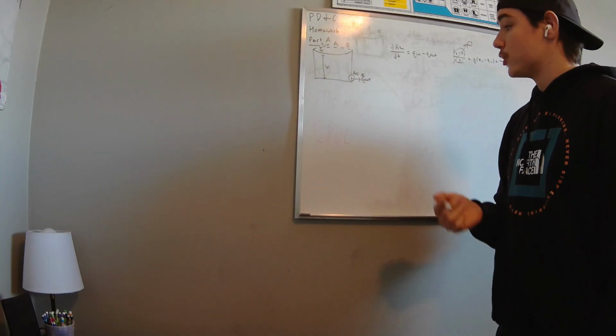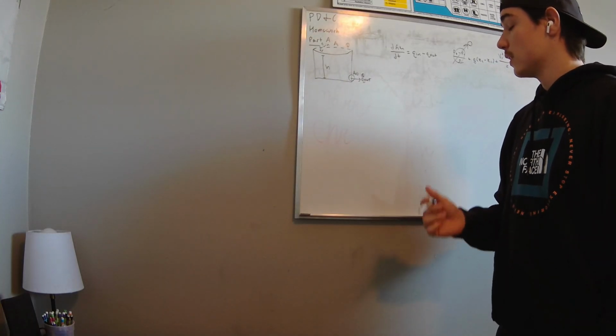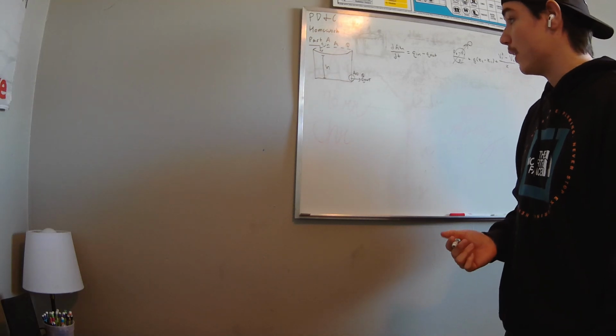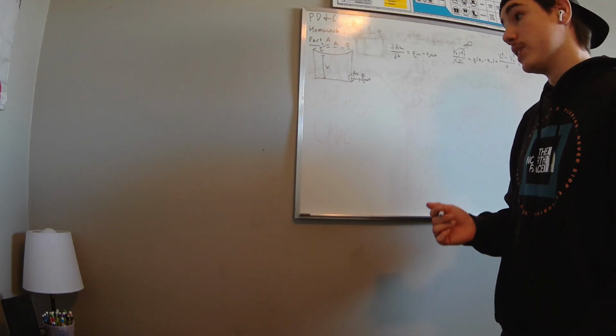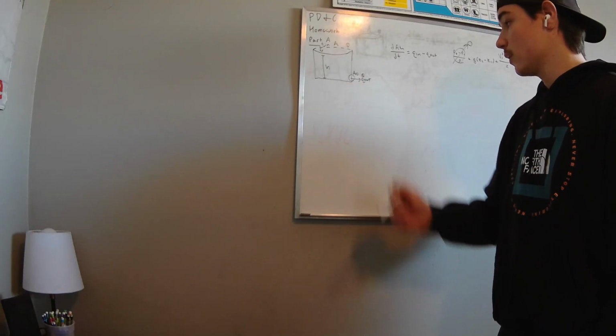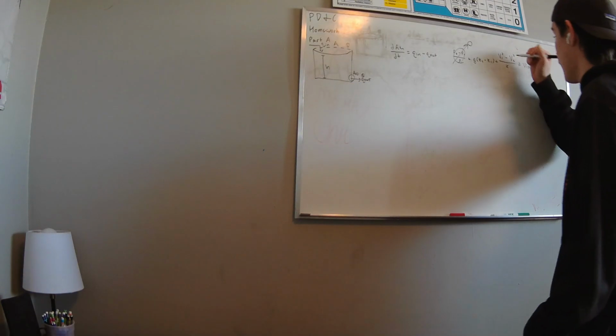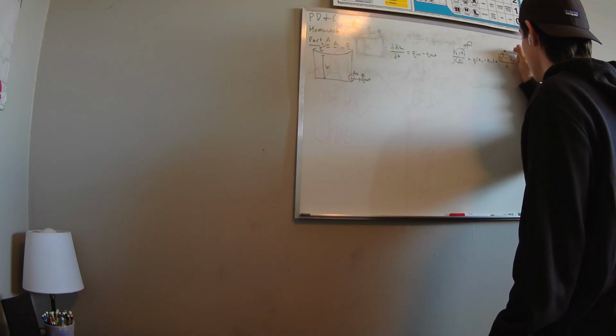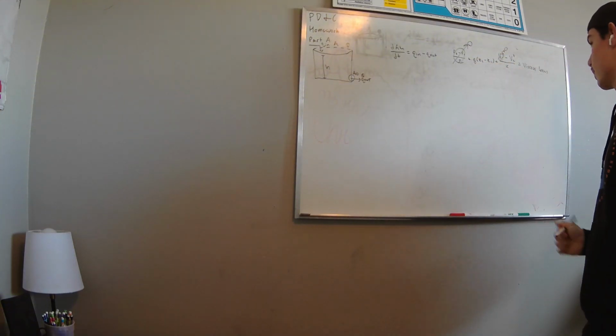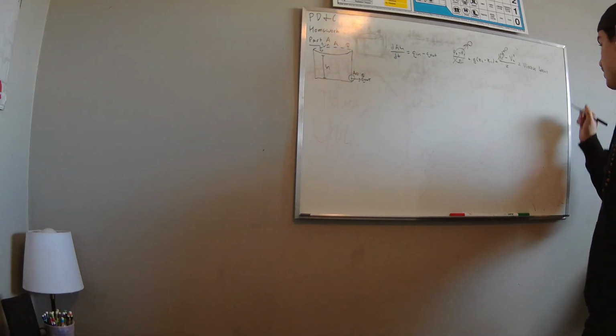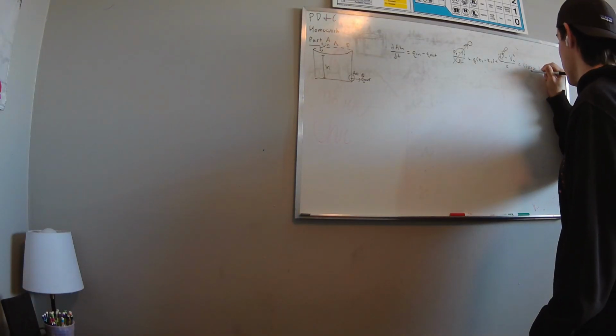Being that the area of the drainage hole is so much smaller, we can assume that V1 is proportionally so much smaller than V2 that we can entirely eliminate V1. And the last part of this equation we're going to remove is the viscous losses. We can assume that there are no viscous losses here.